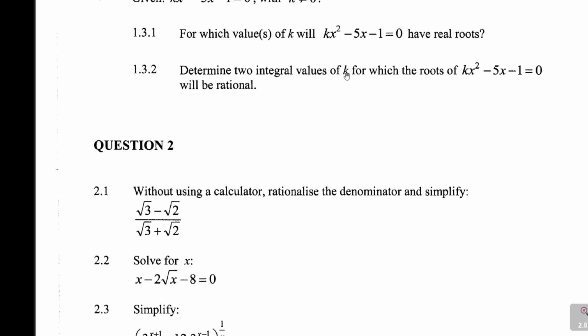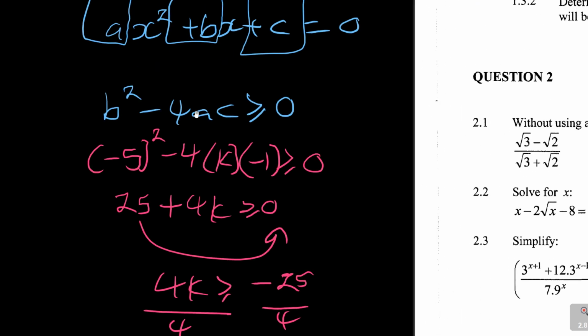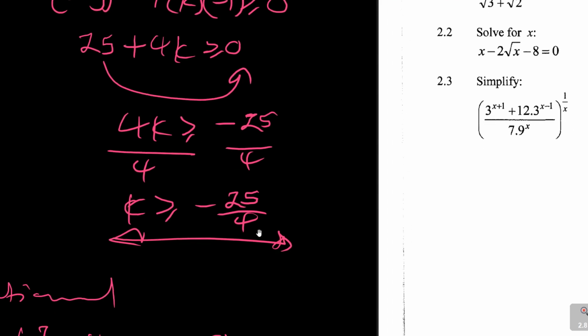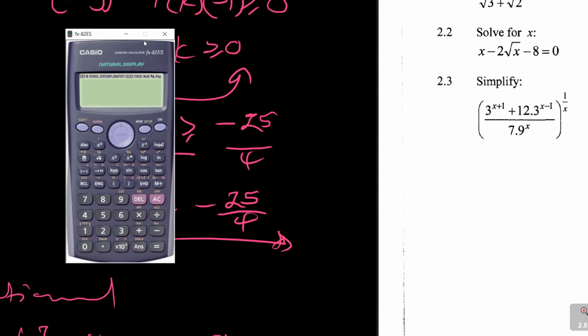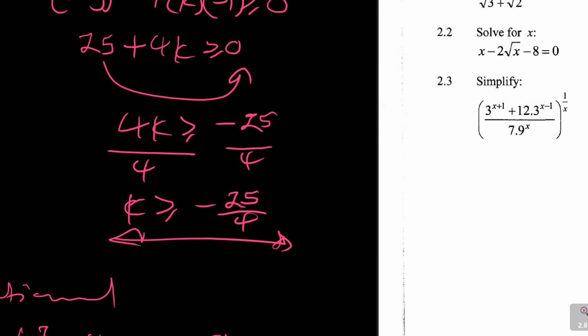Now here they are saying two integral values. Determine two integral values of k for which this will be rational. So what you can think of is, if I can do a quick one here just to show you: what is negative 25 over 4? It is negative 6.25.